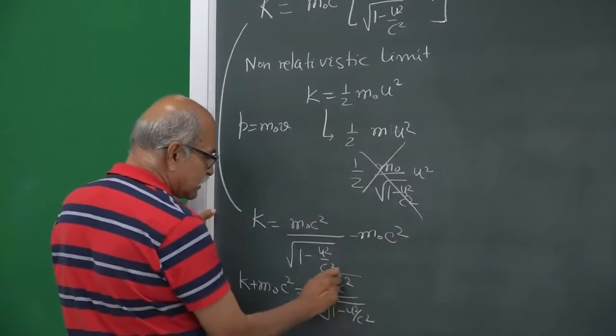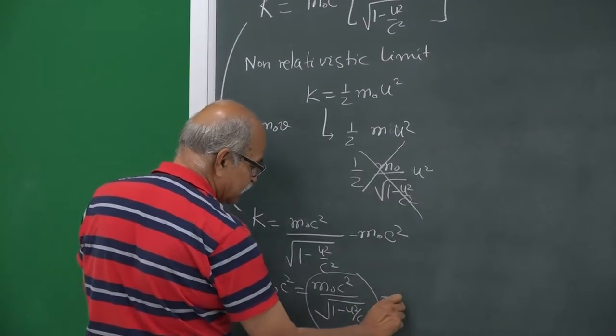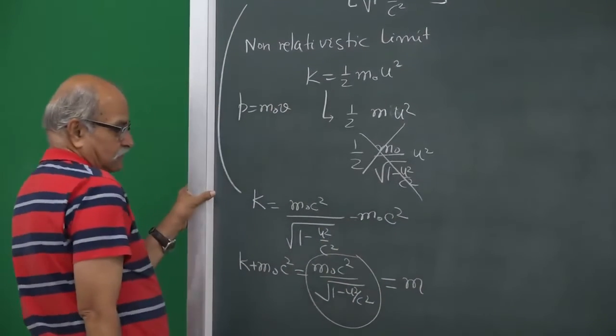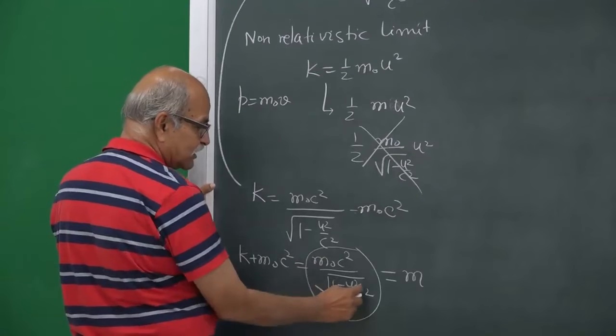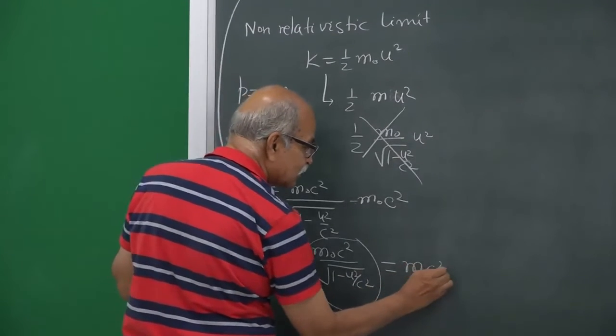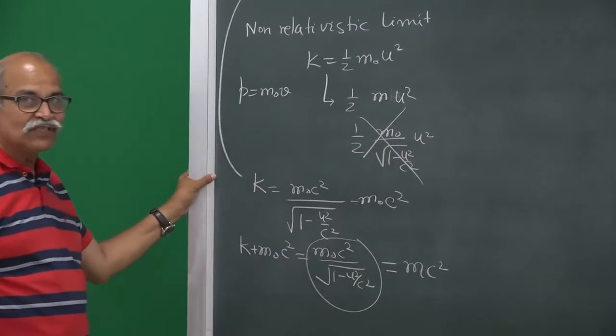And this quantity is relativistic mass. If you want to write that, m naught divided by this is relativistic mass, and then c square, mc square.